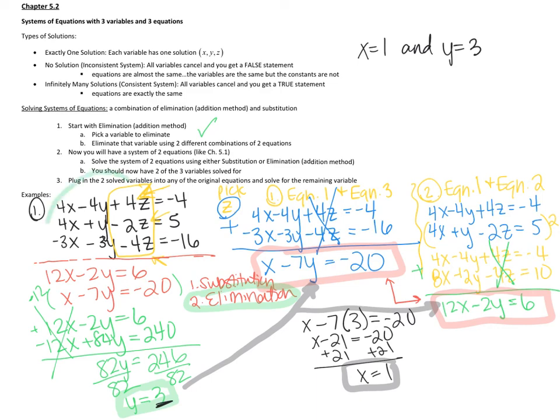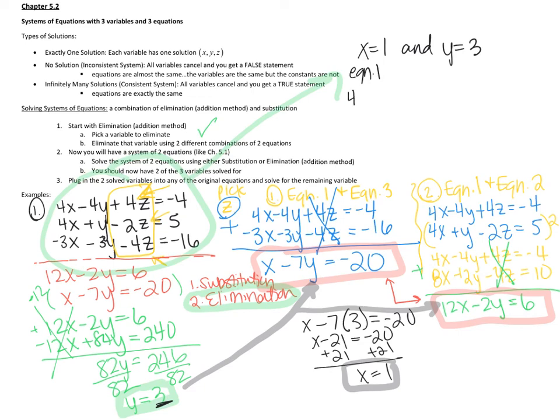So one of my 3 original equations, and let's say I'm going to pick equation 1, just because it's the first one there. So I'm going to go back to equation 1. All right, so I'm going to plug in.